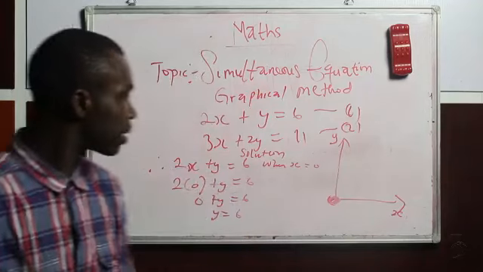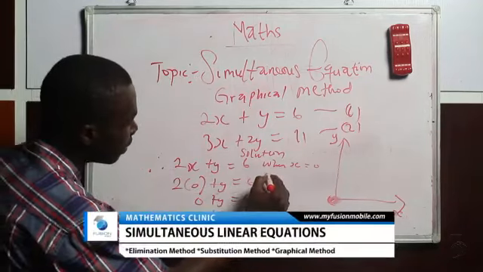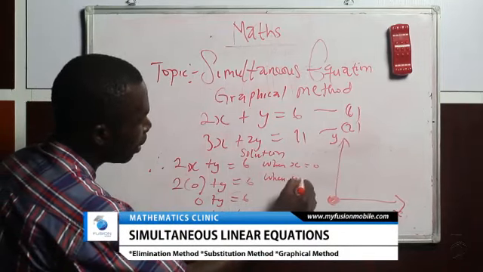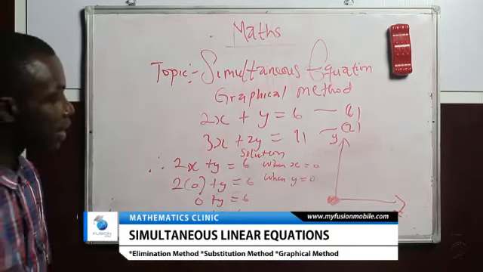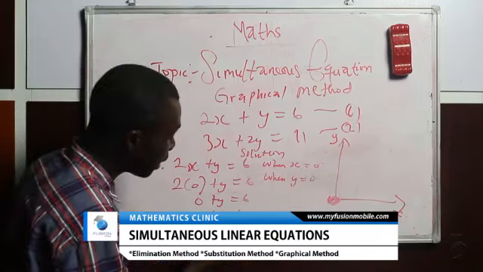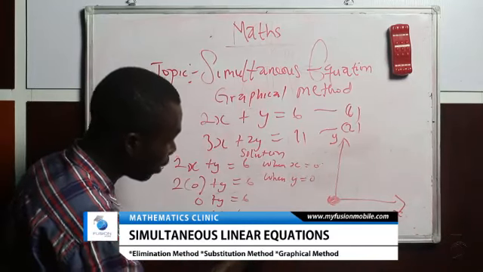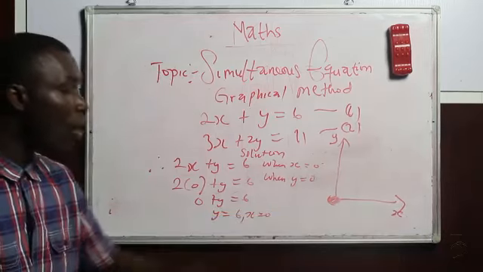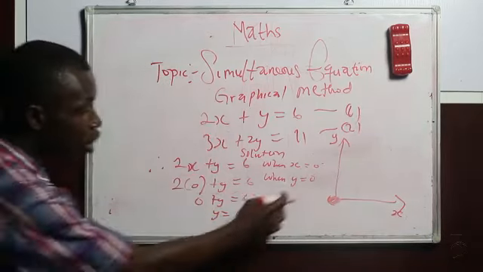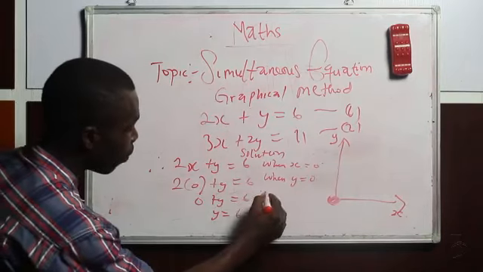And what is our x? When y equal to 0, what is our x? When x is equal to 0, our y is equal to 6.